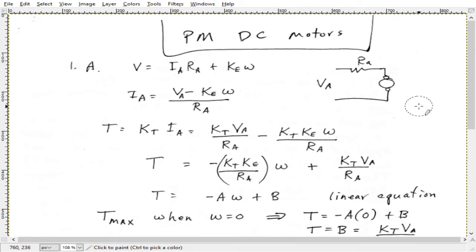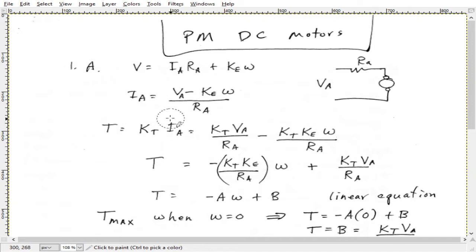Now for all motors, the torque is proportional to, or dependent upon, the current flowing through the armature. So the torque can be calculated by multiplying the torque constant, KT, times the actual current flowing in the armature.